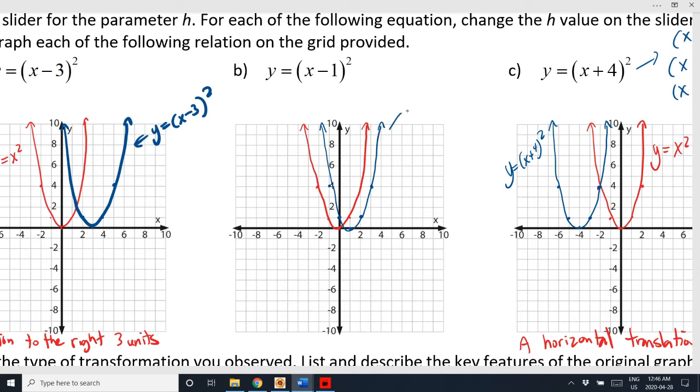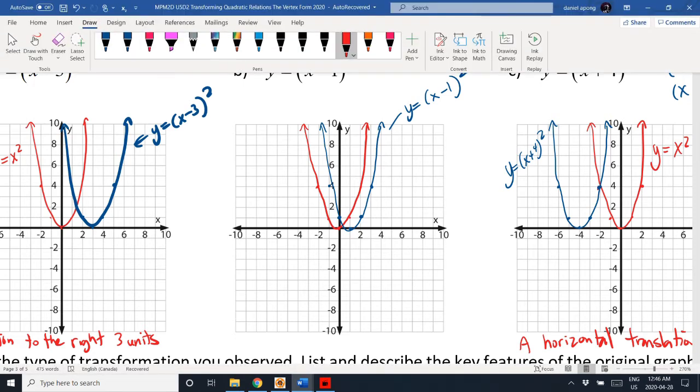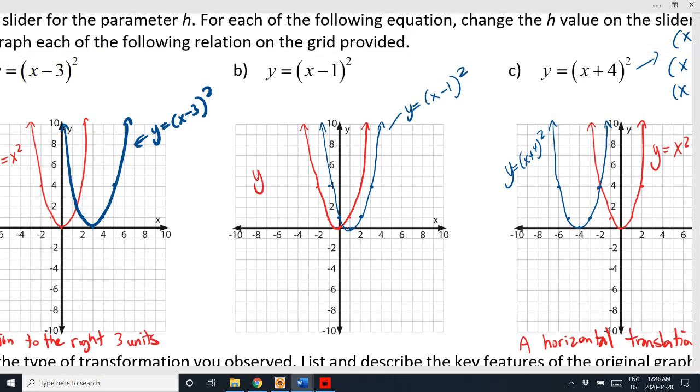And this is y is equal to (x minus 1) squared. And the red, our parent function, is y is equal to x squared. And so we can say horizontal translation of 1 unit to the right.